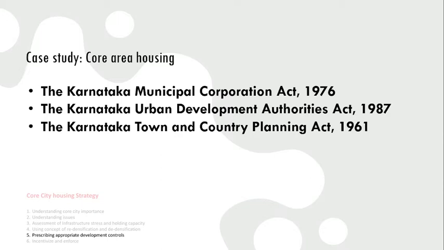Then the Karnataka Urban Development Authorities Act, which makes the establishment of urban development authorities for urban and regional plans and master plans to be developed for the cities. Then the third is the Karnataka Town and Country Planning Act of 1961. So to appropriately control the development of this local core area, they can use the clauses and provisions of these three acts in order to implement and redevelop the core area housing.